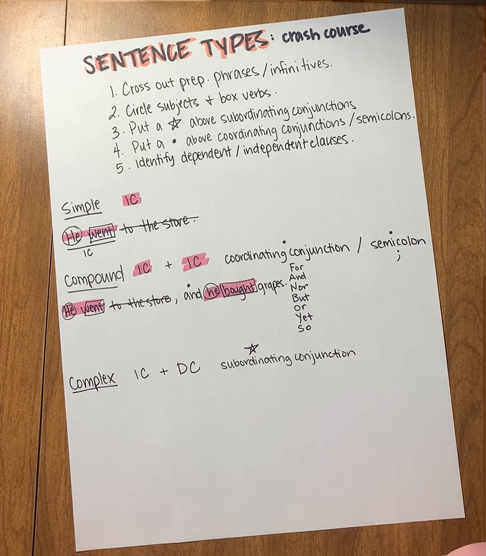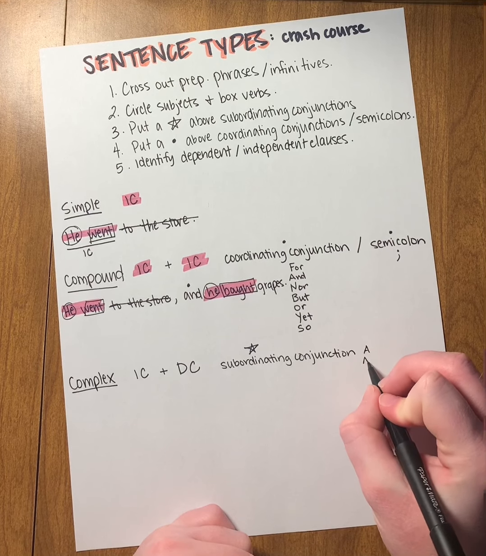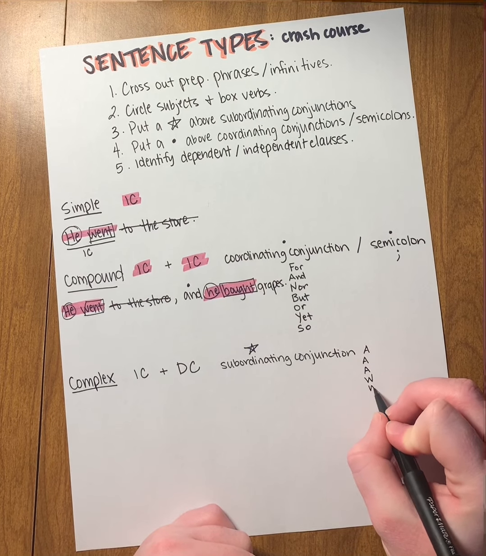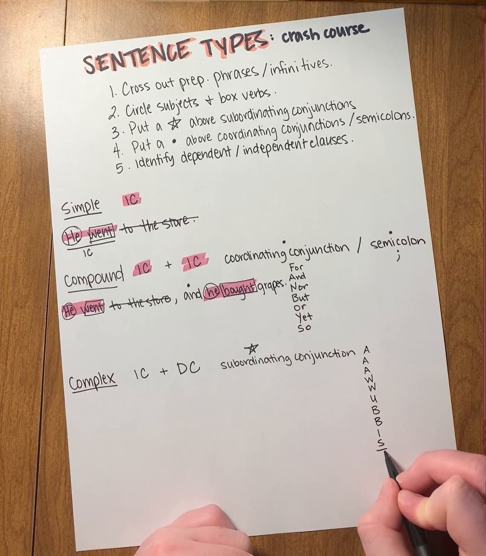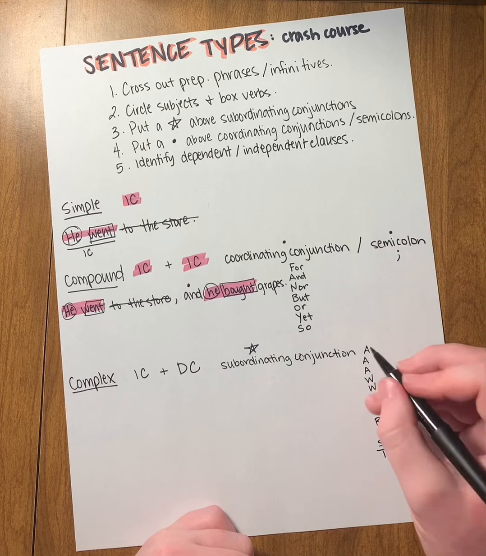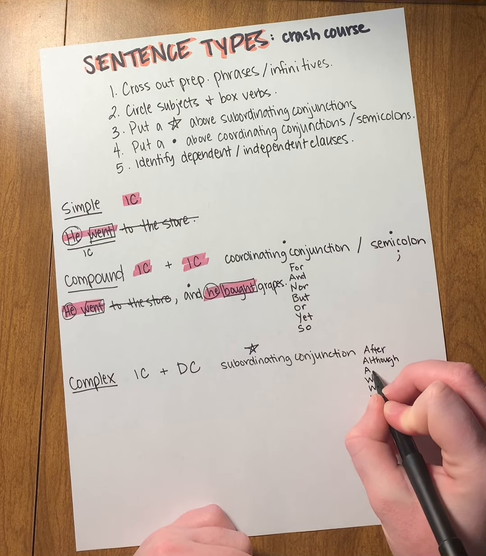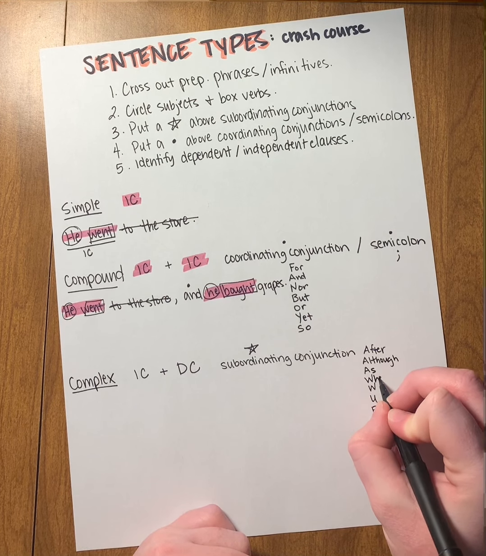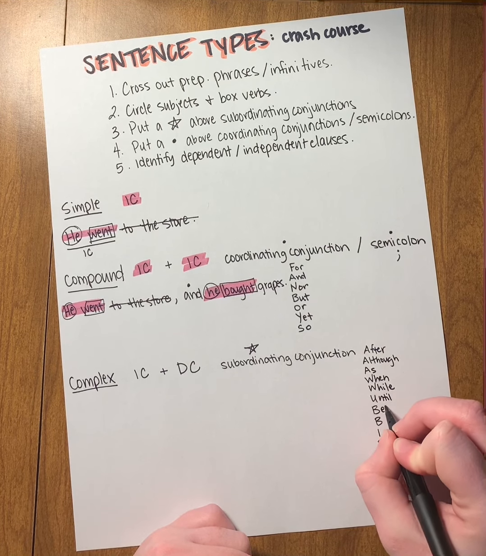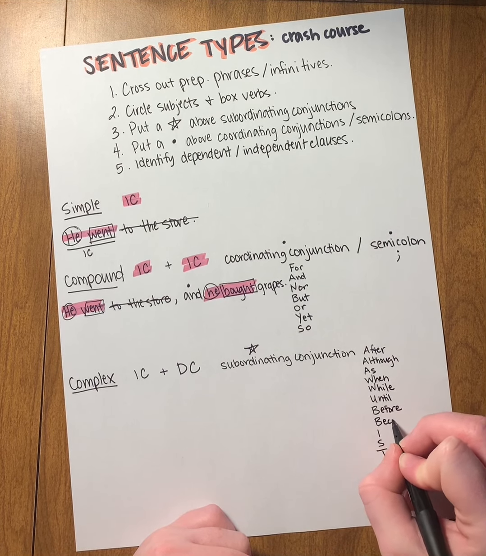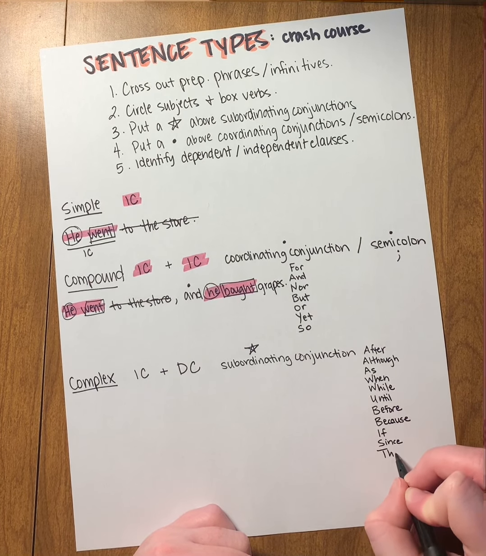The subordinating conjunctions, remember, we don't have a great acronym to remember those, but we know they're AAA, WW, U, BBIST, okay, which stands for after, although, as, when, while, until, before, because, if, since, and that.